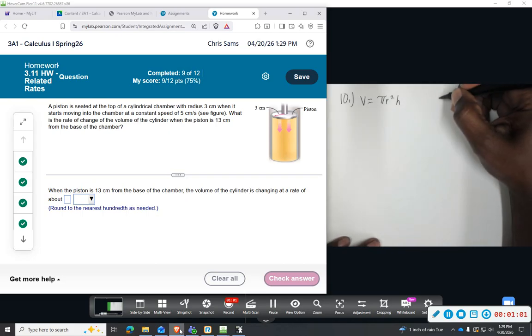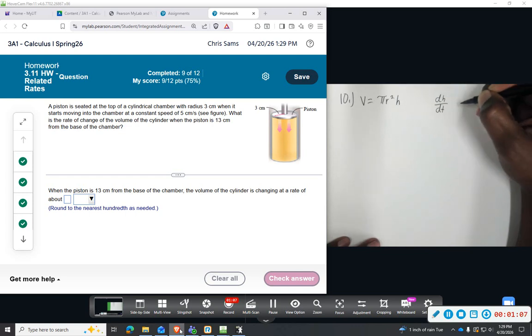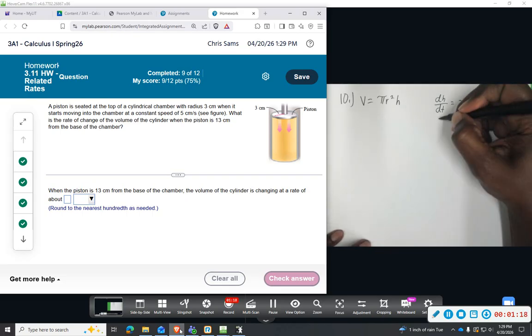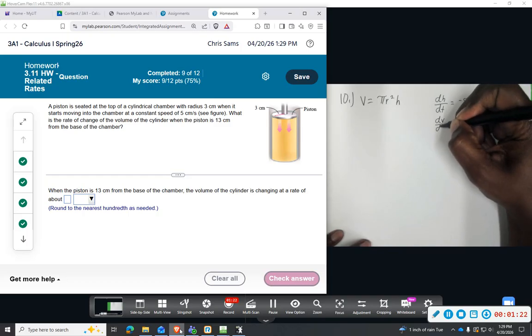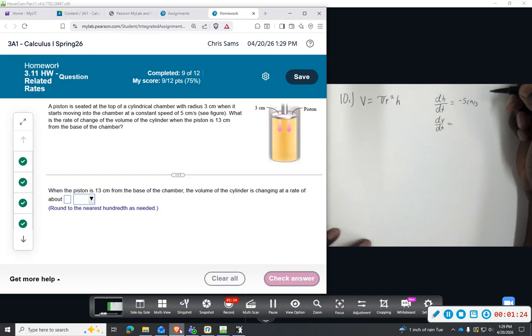So we're going to say dH dt, the rate that the height is changing. dH dt is equal to 5 centimeters per second. I'm going to make that negative. And we are looking for the rate at which the volume is changing, dV dt. And that should come out negative.